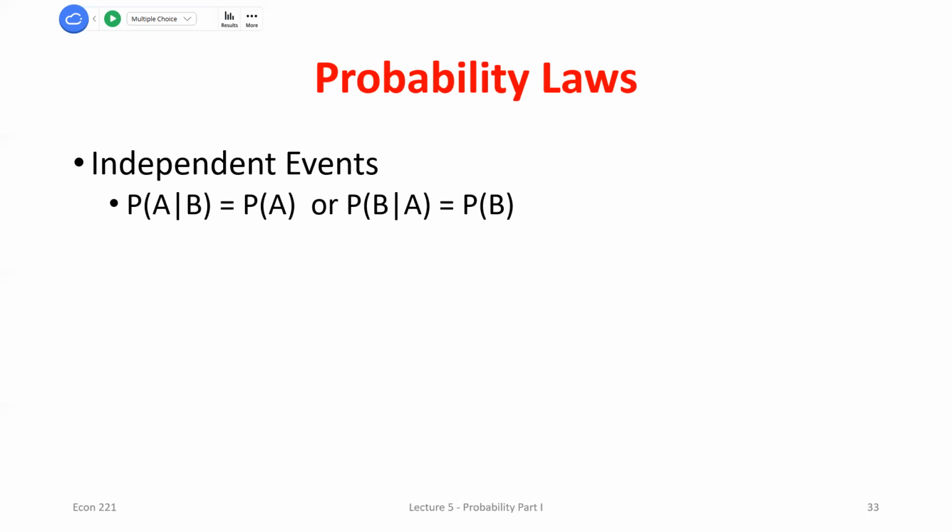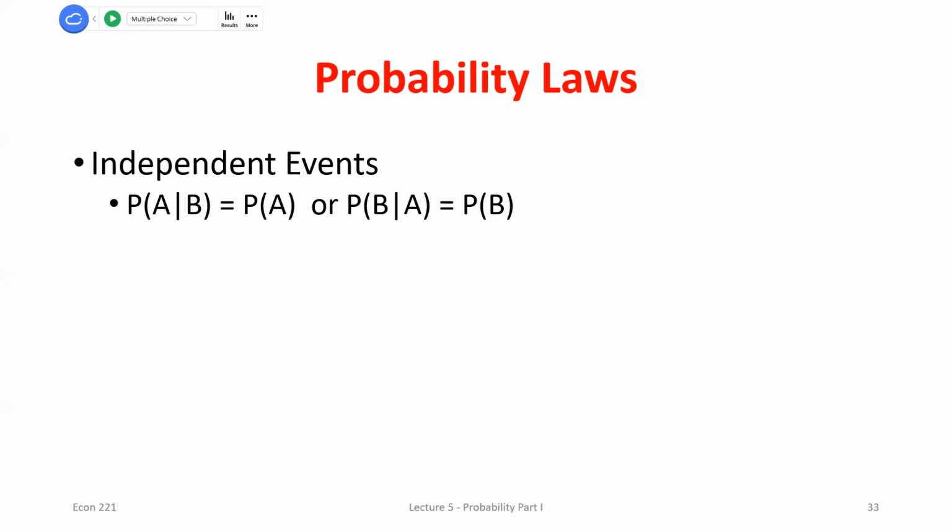So usually, if I just rearrange our multiplication rule that we started out with, I'm just moving that around so that we're solving for the intersection of the two events, not solving for the conditional.